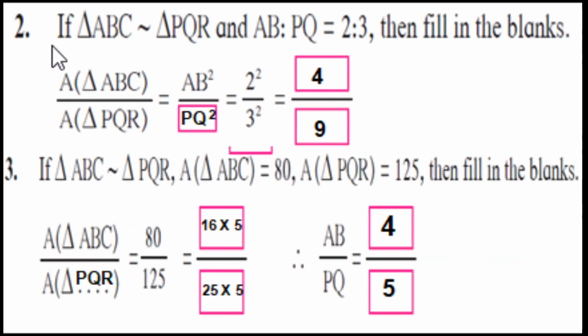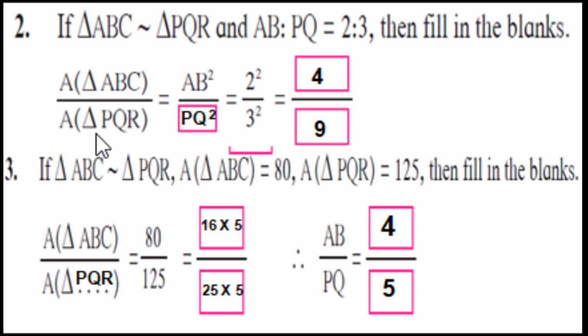Question number 2. We have been given an activity in question number 2 and question number 3. In question number 2, if triangle ABC is similar to triangle PQR and the ratio of AB to PQ is 2:3, then fill in the blanks. So area of triangle ABC upon area of triangle PQR is equal to AB square upon PQ square.